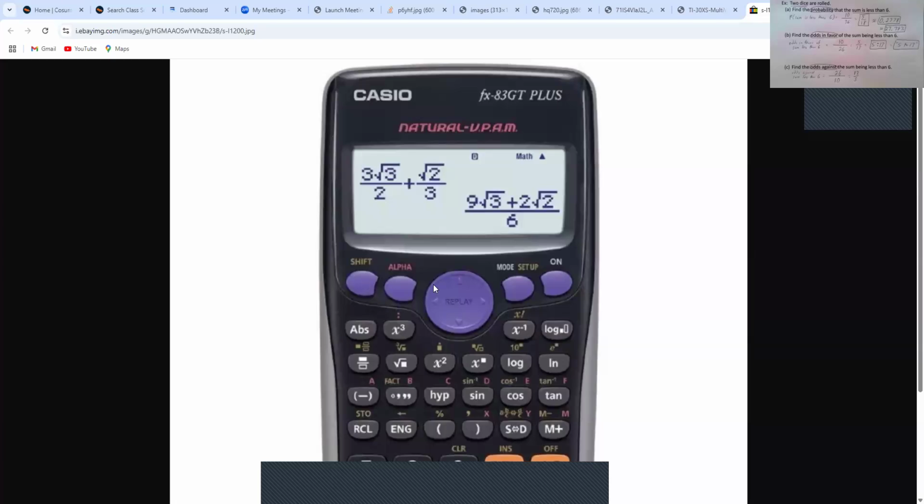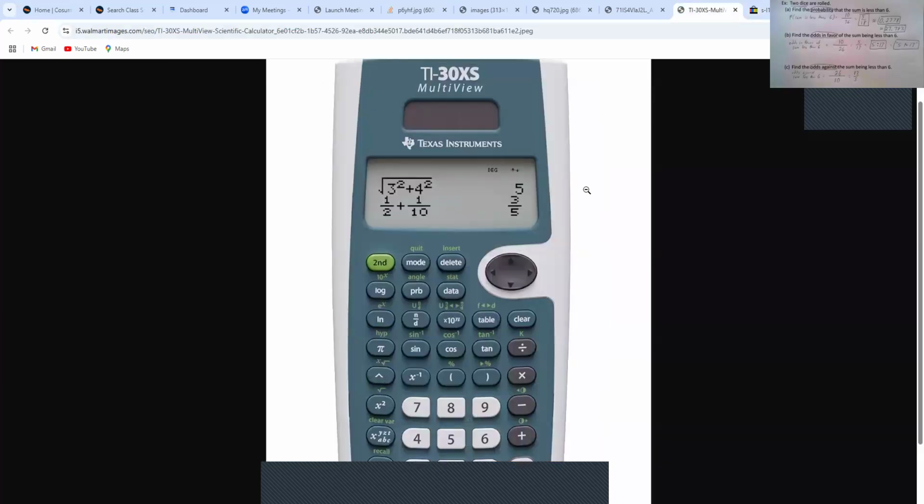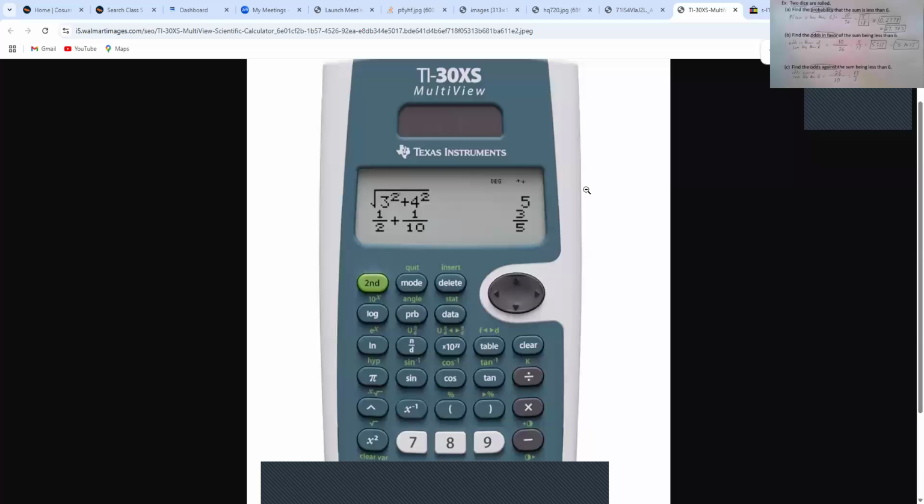So you probably have to press Shift, SD, and then equals. Shift, SD equals. By the way, that SD probably converts between fraction and decimal also. So without pressing Shift, if you use the SD button, I think that's going to convert between fraction and decimal for you. On this calculator, I think I saw something that did that also.